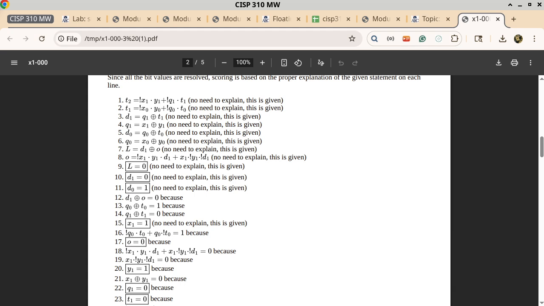But we know that 10, which is D1, is a zero, that tells us that O also has to be a zero, and that is the conclusion of 17. So 17 is because of 12, but also because of 10.